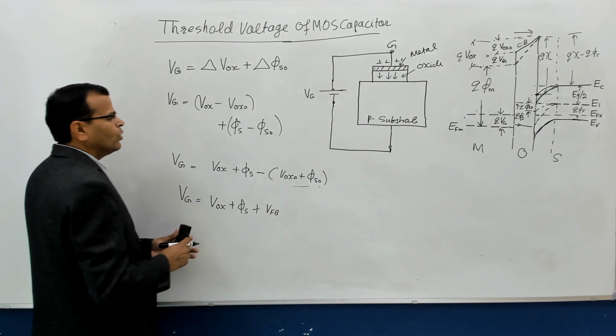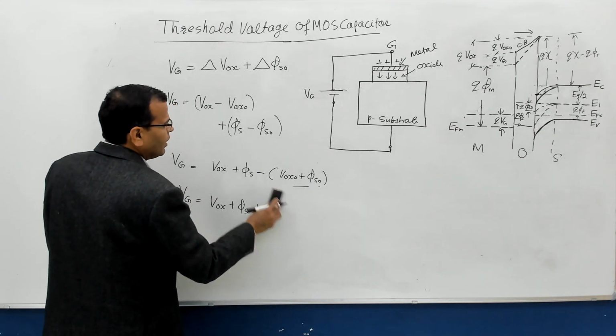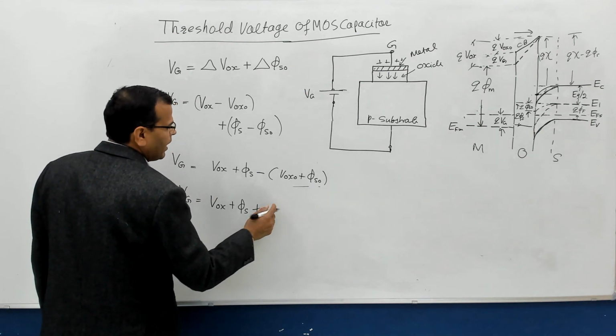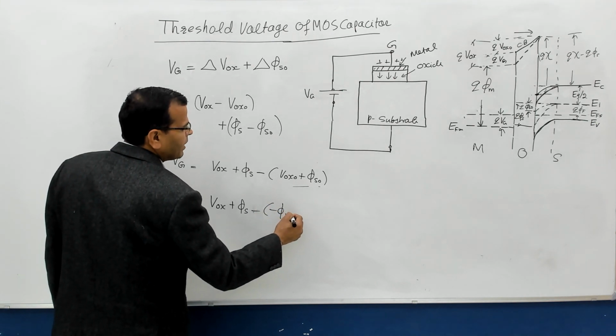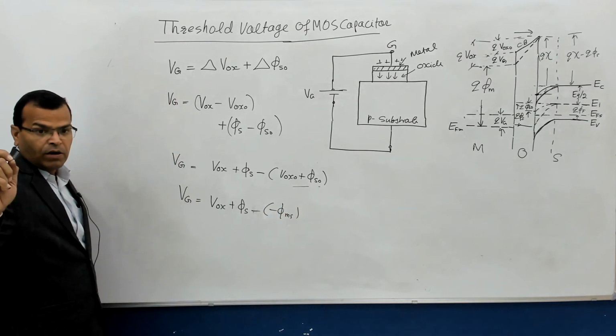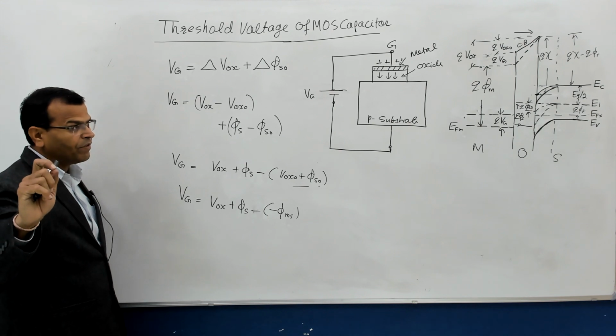Here, although it is not the flat band voltage, it is defined as minus phi ms. It is known as the work function difference, right?